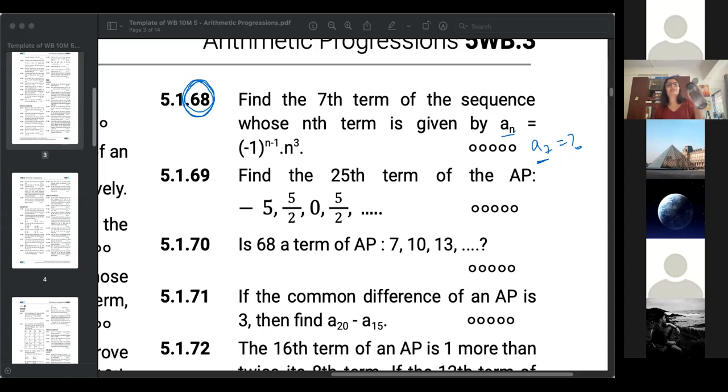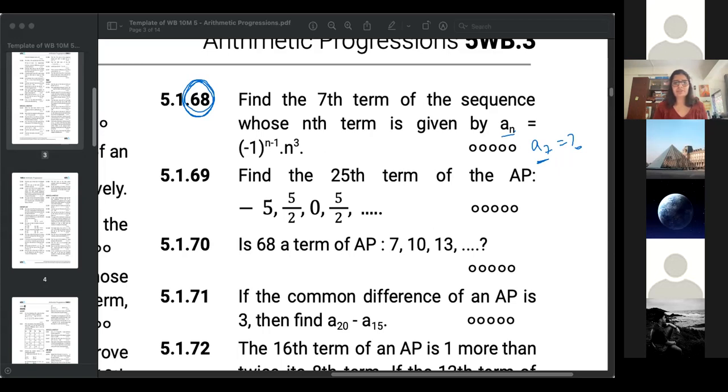Anirban, check the multiplication. Very correct. So typo हो गया. Okay. 68 के बाद sum will do it next class.